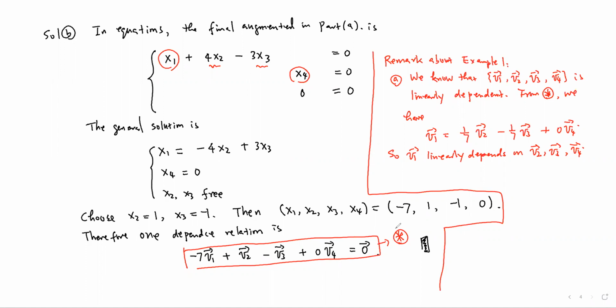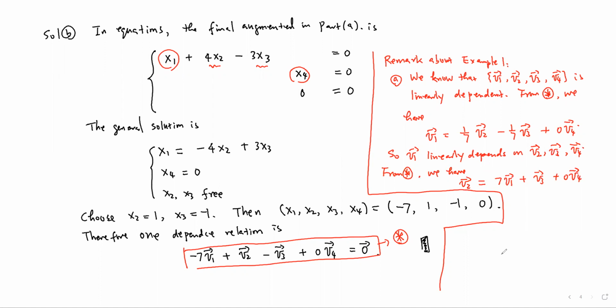Again, from equation star, if I move V1, V3, V4 to the right side, we have V2 is equal to 7 V1 plus V3 plus 0 V4.